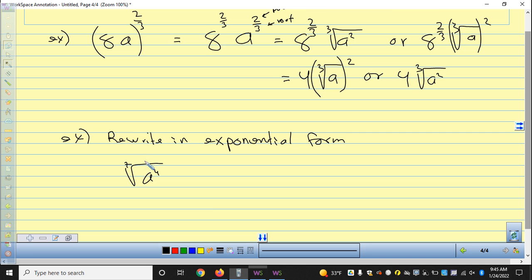Well, when we do that, whatever is the root goes on the bottom, and whatever is the power goes on the top of our fraction. So this is going to be a to the 4/7 power.